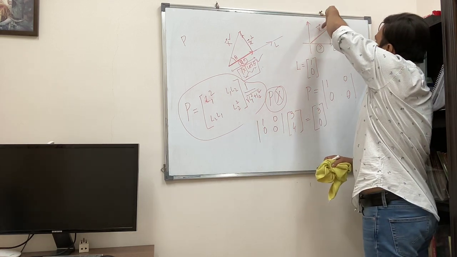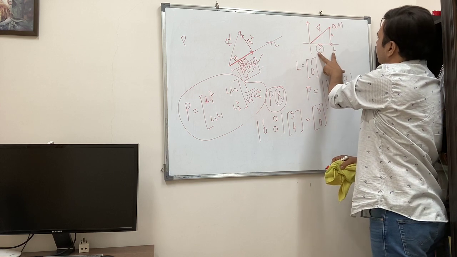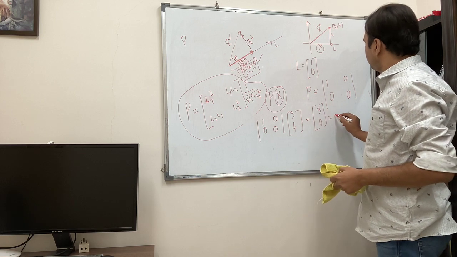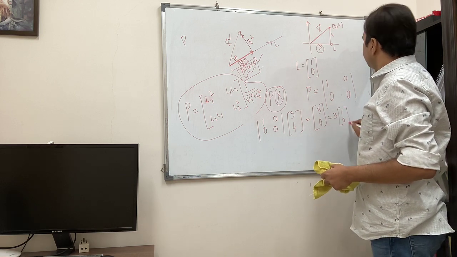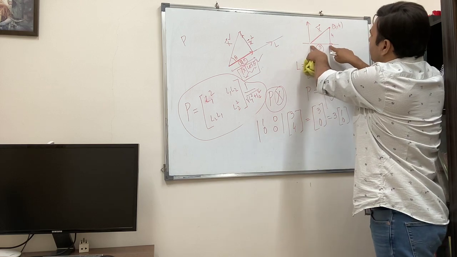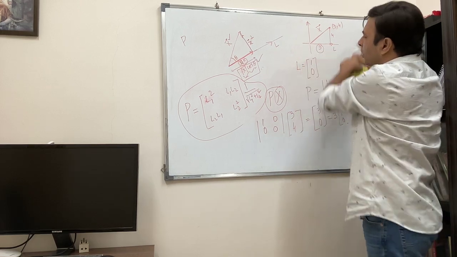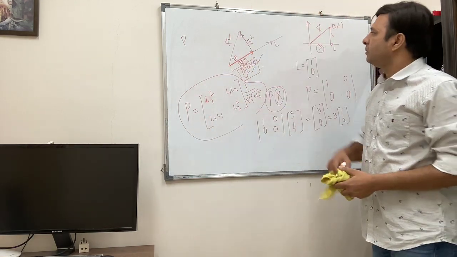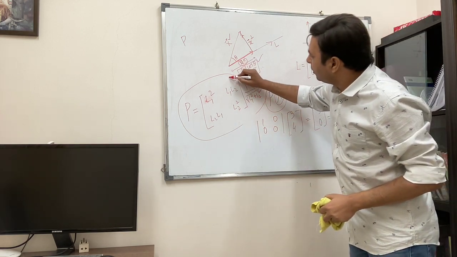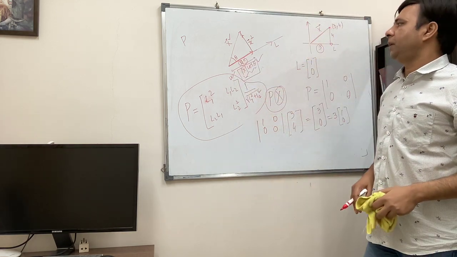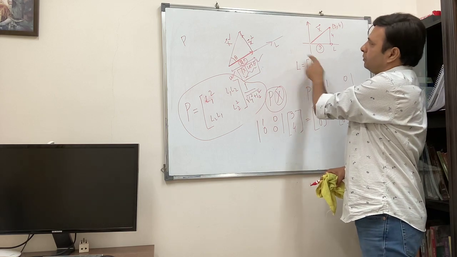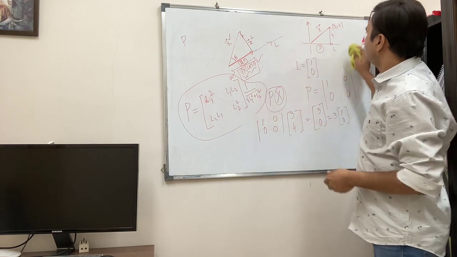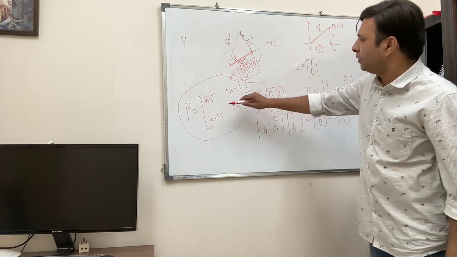So I had a vector (3, 4), and I wanted to project it along this axis. When I do that, I get 3 times (1, 0), which is the right answer, because the projection is a 3 unit vector along line L. If you want to find the projection of any vector along any other vector, the first thing you need to create is a projection matrix from that line L. If this is not in 2 dimensions but in multiple dimensions, you can extend the same formula.